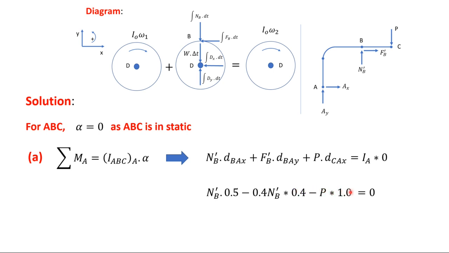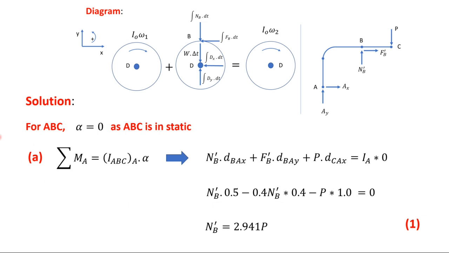And here we're going to have 1. So simply, we find that the MB is equal to the P divided by 0.5 minus 0.16. And we come to the answer that the MB is equal to 2.941 multiplied by P.